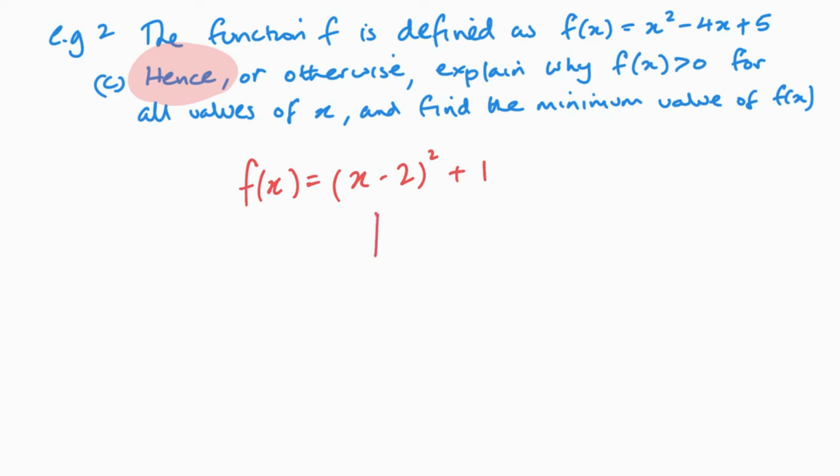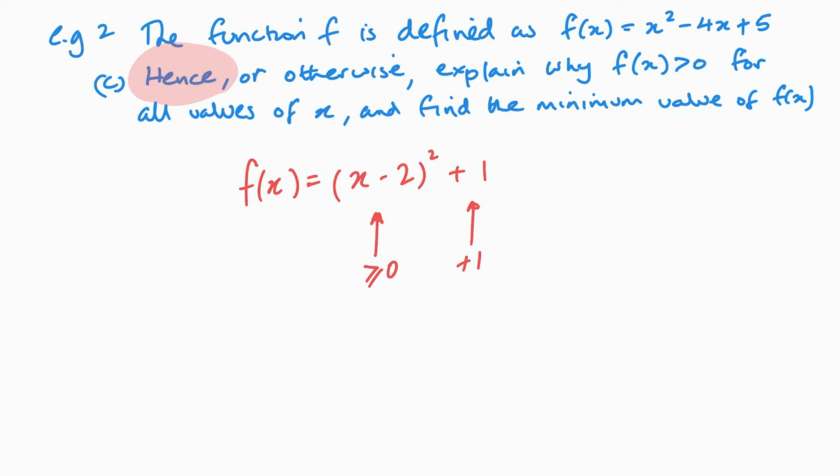You can see here this bracket is squared, and because it's squared it's always going to be greater than or equal to 0. And then this is positive 1, which is obviously greater than 0. So the smallest value we can possibly have here is 1, which is greater than 0.